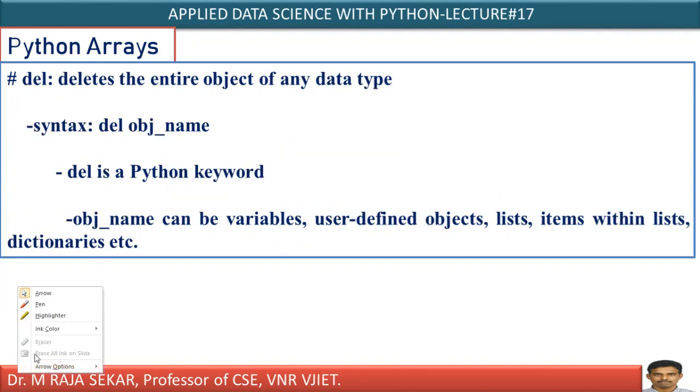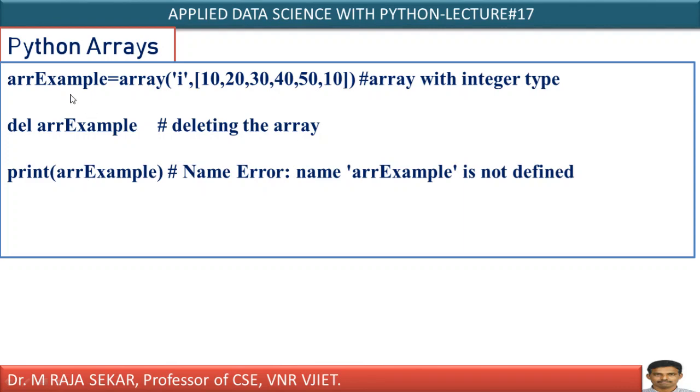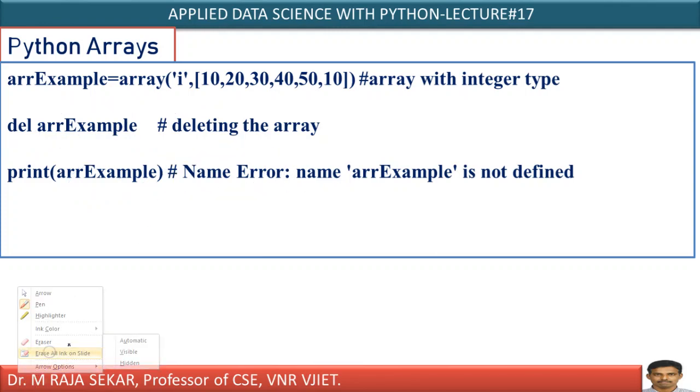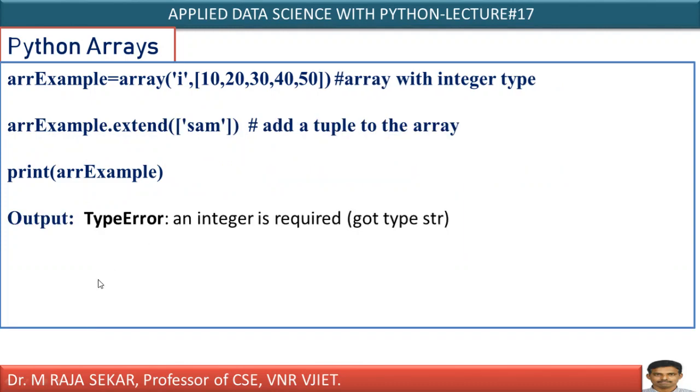This also I discussed in previous lectures. Del space object name means the entire object will be deleted. For example, I created array example as an array. Now del array example, and this particular array will get deleted. Now if you want to display array example, it will display an error. That error is known as name error. Why? Because that particular object is already deleted.